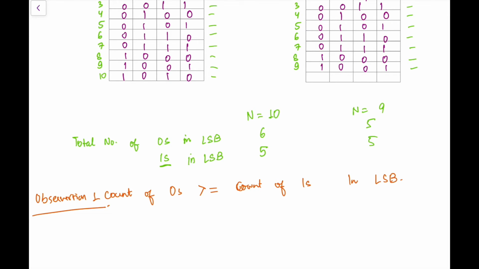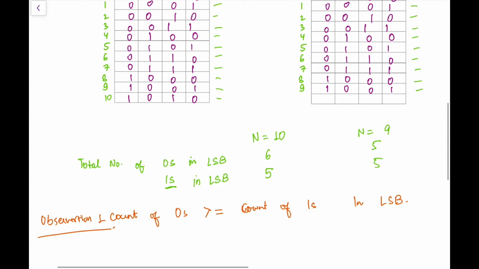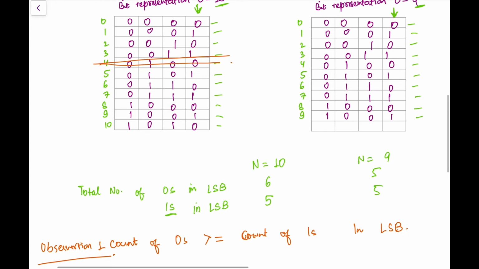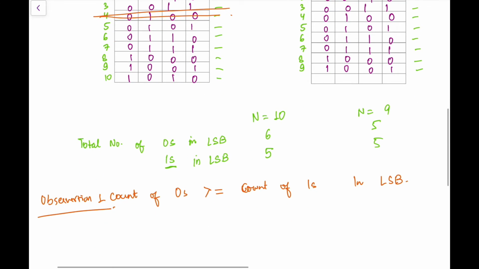So whenever one of the numbers is missing, for example, let's say 4 is missing here, then the number of zeros will be 1, 2, 3, 4, 5. If 4 is missing, I will have zeros 5 times, and ones will also occur 5 times.